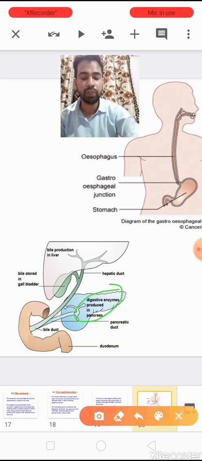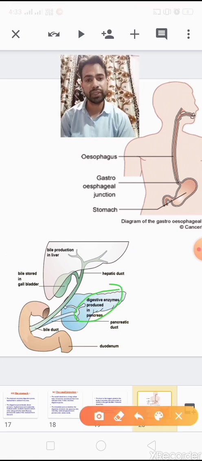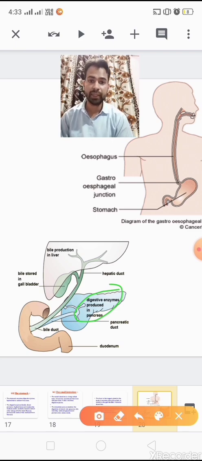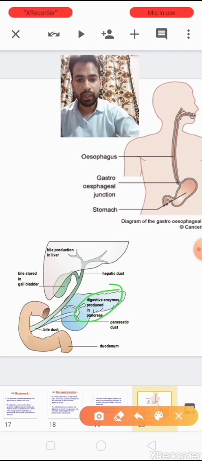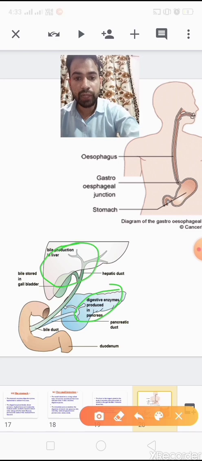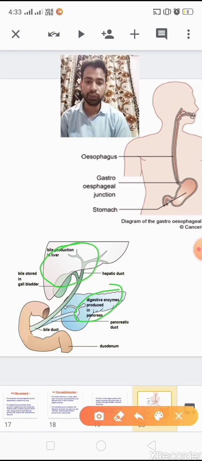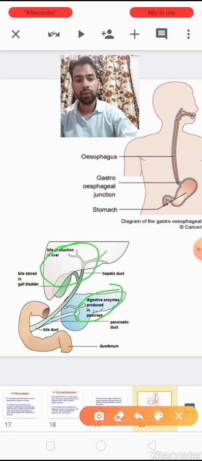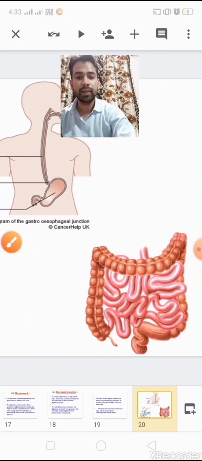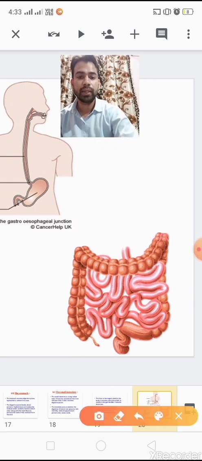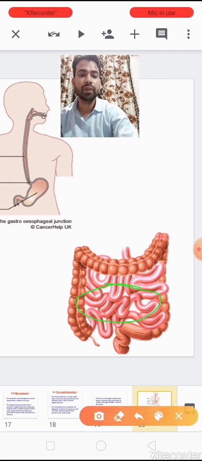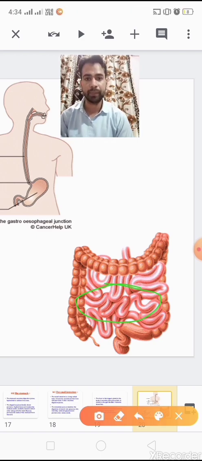See the structure of the pancreas that is associated with the small intestine. Here is the liver that stores bile juice, and that is a picture of the small intestine.